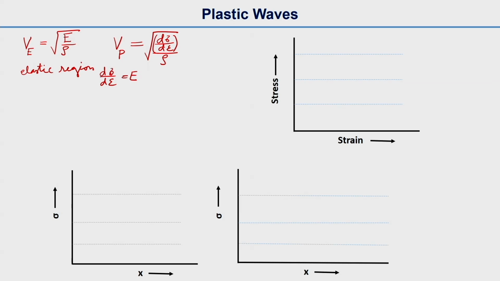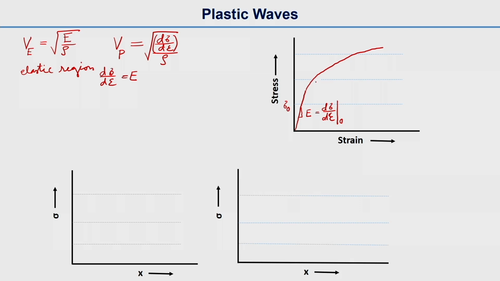So if we draw the stress strain curve, it will look like this: this is the elastic portion, and then there will be yield, and with strain hardening it will go like this. In the first portion, the elastic region, the slope E is equal to d sigma d epsilon at sigma naught.